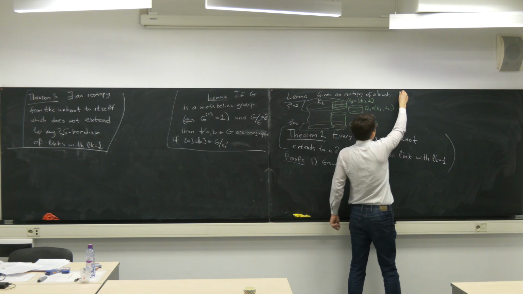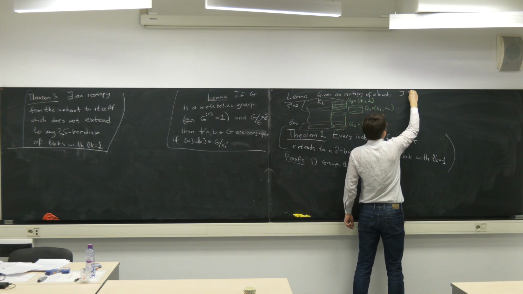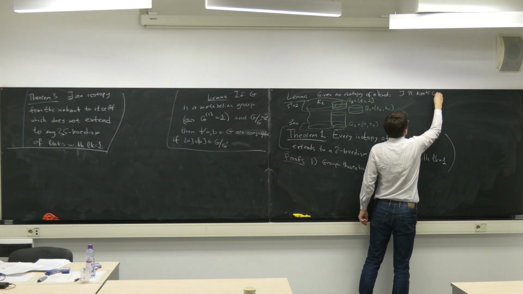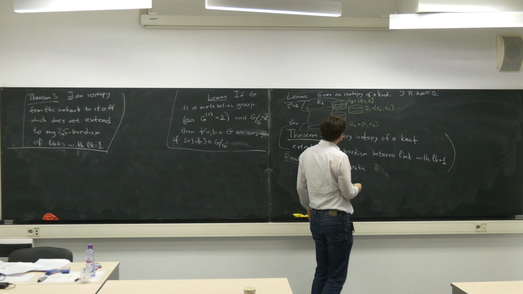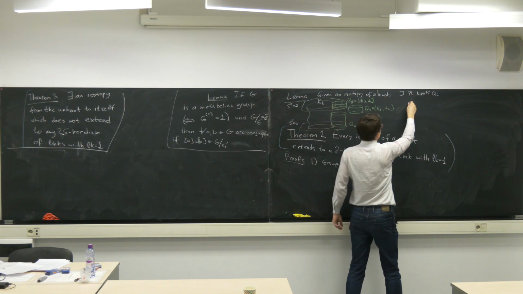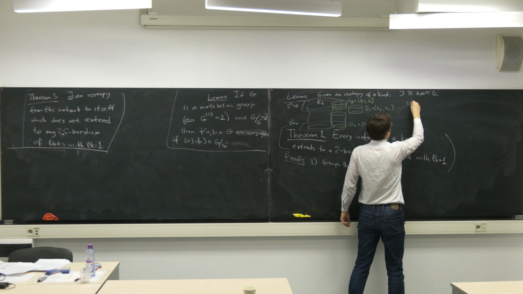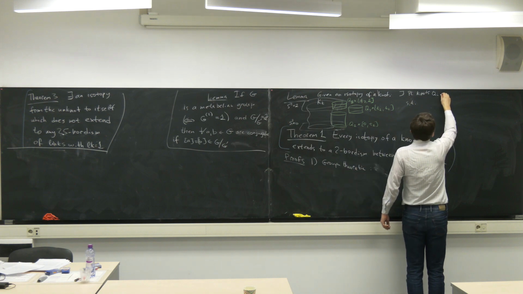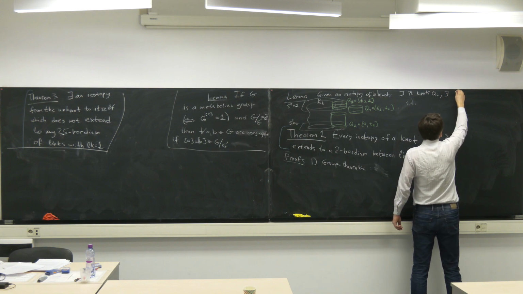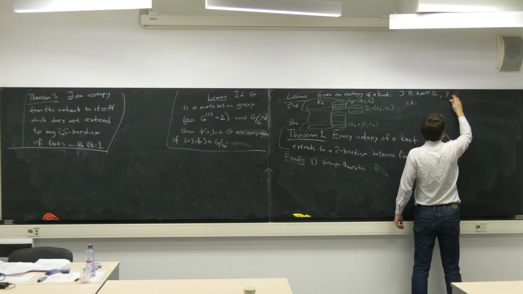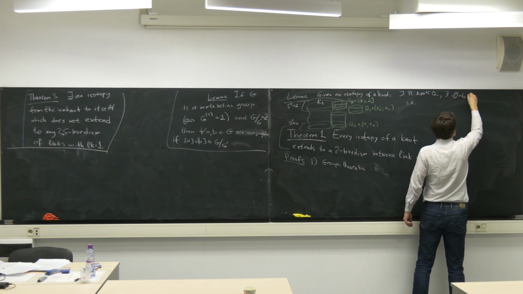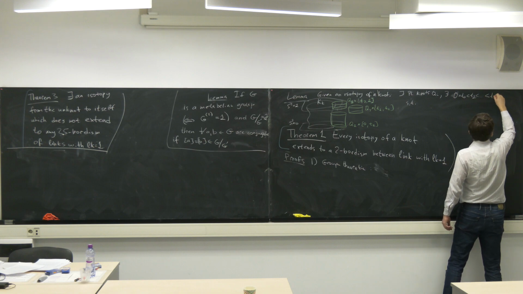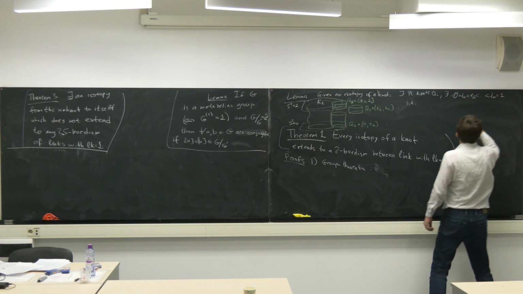So there exist PL knots in the continent, such that, okay, so also there exist numbers 0 equals T0 less than T1 and so on, less than Tn, which equals 1.